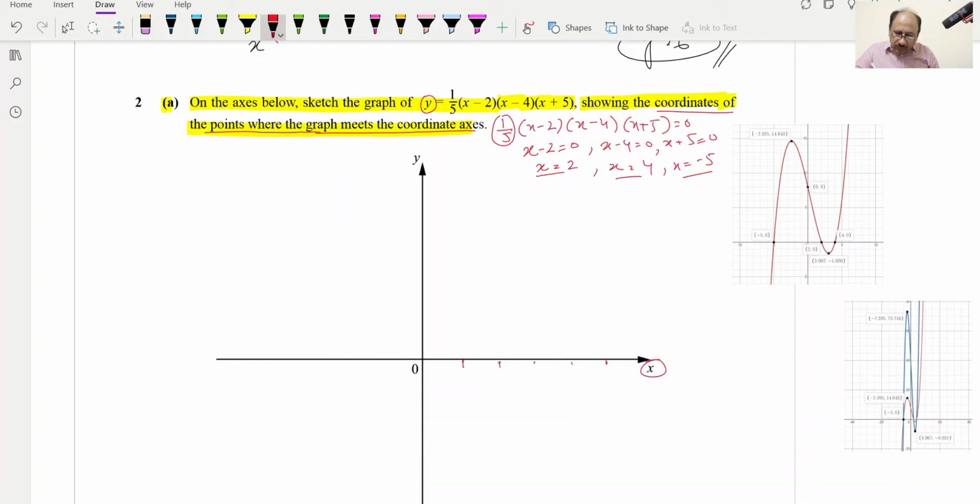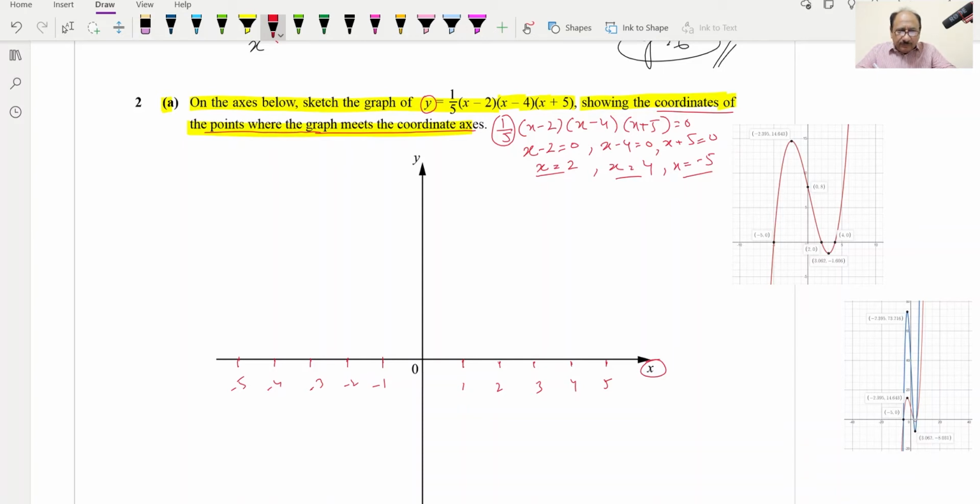So if I draw properly like this one, it will be 1, 2, 3, 4, 5, and this side will be also 1, 2, 3, 4 and 5. So minus 1, minus 2, minus 3, minus 4 and minus 5. Similarly, we can take the y-axis.